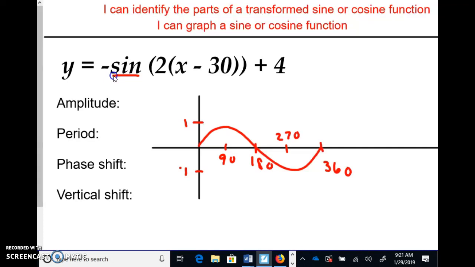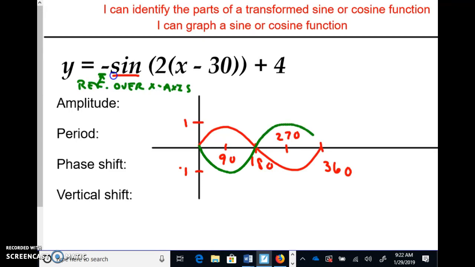We once again do all of our stretches and shrinks before we do any movement. So we have the negative, which is a reflection over the x-axis. So we are going to reflect it over the x-axis.